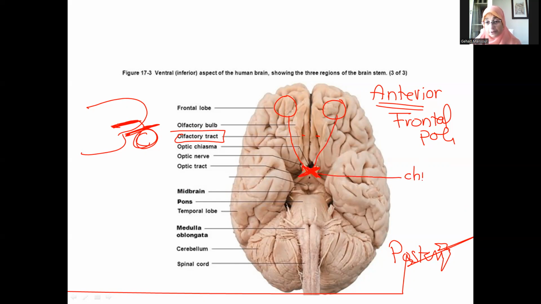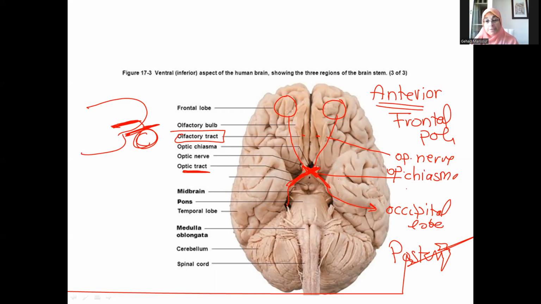They decussate together, chiasma, and then after the chiasma, we have what we call the optic tract. So here you have the optic nerve, and then you have this crisscrossing, which is the optic chiasma, and then you have the optic tract, and the optic tract is supposed to go to the occipital lobe. Of course, we cannot see the occipital lobe here because it's hidden under the cerebellum.